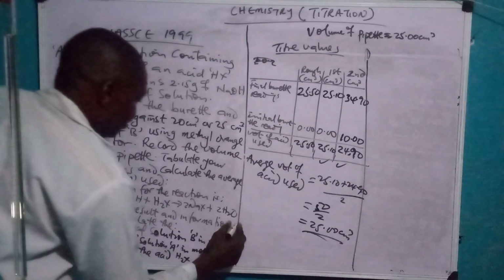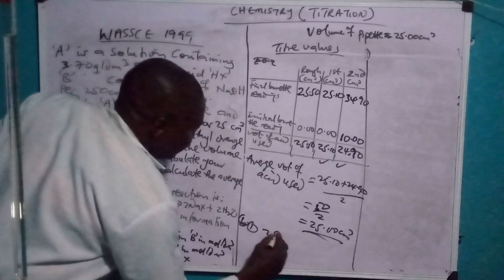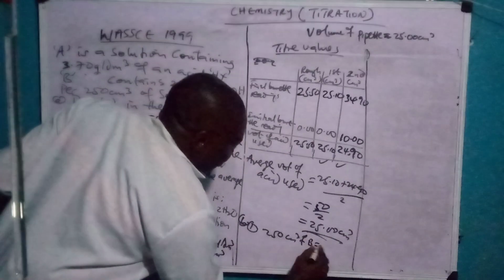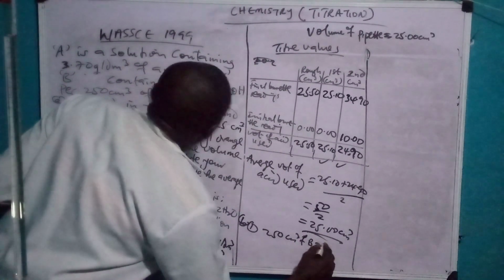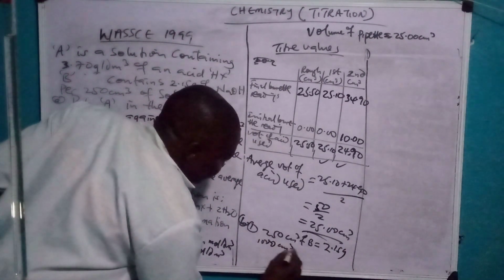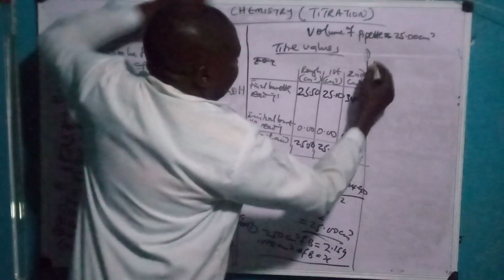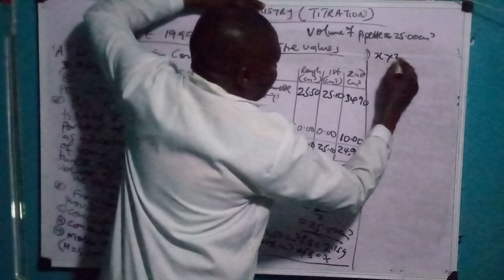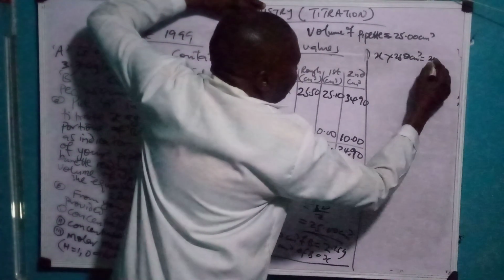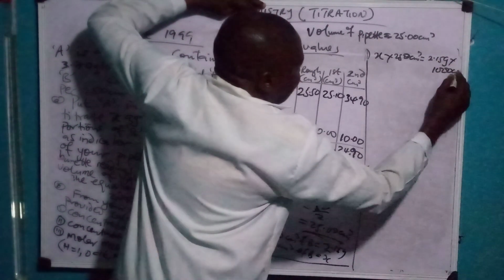That is B1. You say 250 cm cube of B equals 2.15 gram. 1000 cm cube of B equals X. You now say X times 250 cm cube equals 2.15 gram times 1000 cm cube.